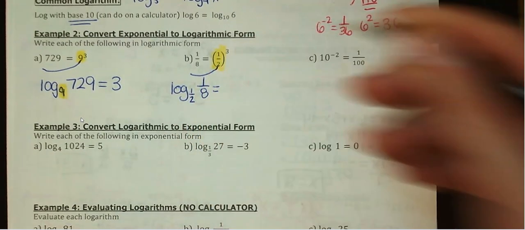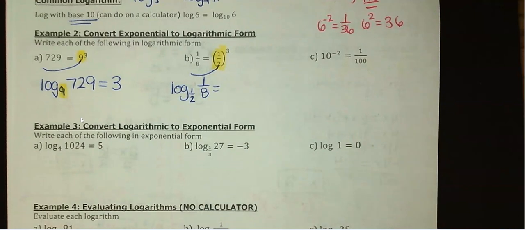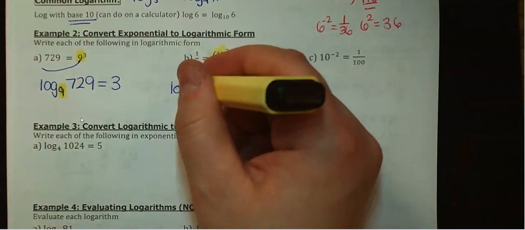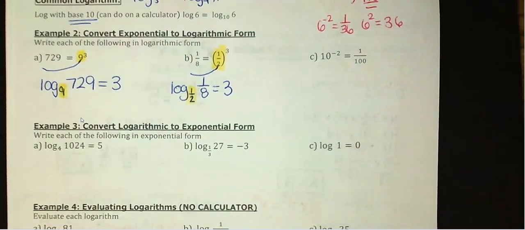And then when you drag that 1/2 to the other side, it pulls that exponent of 3 down on the level with the rest of the question. So the base of my exponent becomes the base of the log. These are equivalent statements. One's called exponential form because you have an exponent. The other one's called log form because you have a log.